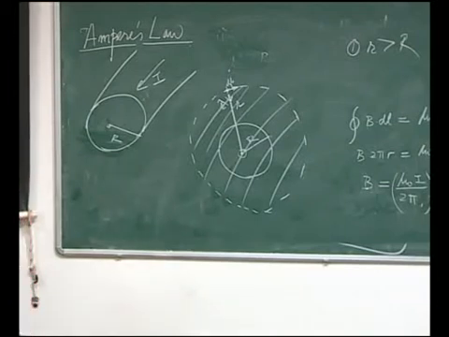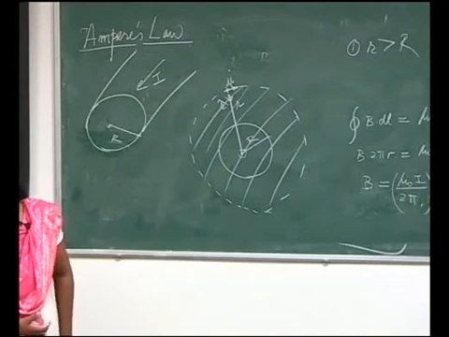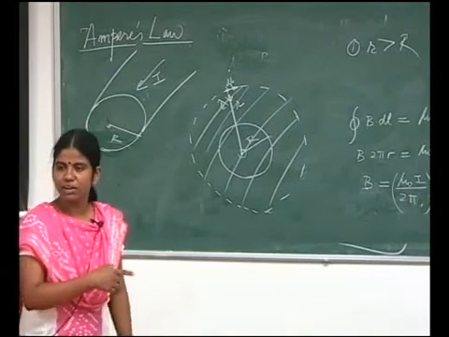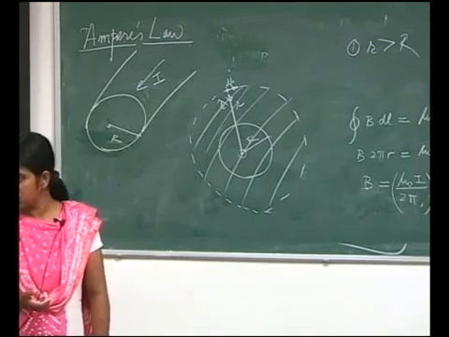So this was Ampere's law. Now we go one step further and we go to something called a solenoid. Solenoid, you know? A solenoid is many loops, spirals one after the other. If you wind coils close together, then it is a solenoid. Okay.